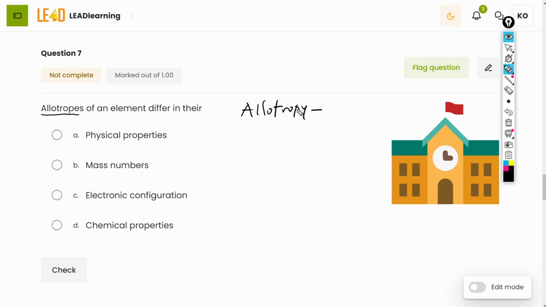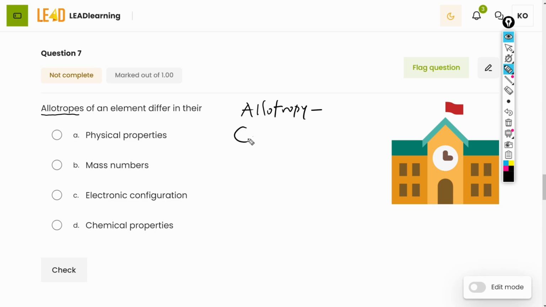So what differentiates allotropes is the fact that they possess different physical properties.